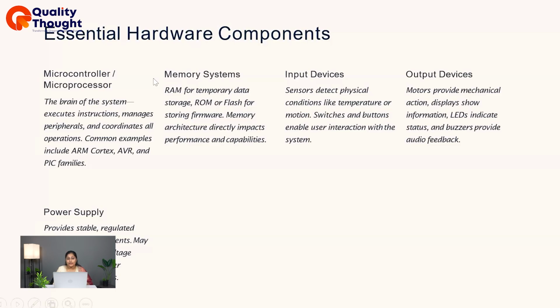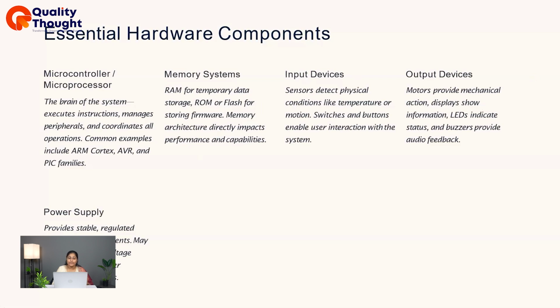Coming to the memory systems, RAM, ROM and flash memory are the memory systems, which come under storage. If you want to store data, these are the essential things of memory. Next, input devices, which I already told you about, like sensors. Output devices like motors, LEDs and buzzers are outputs.